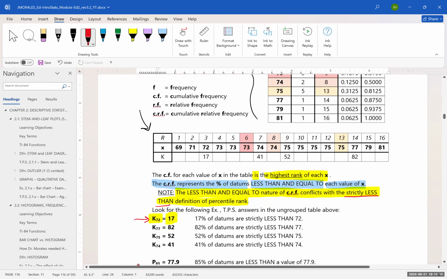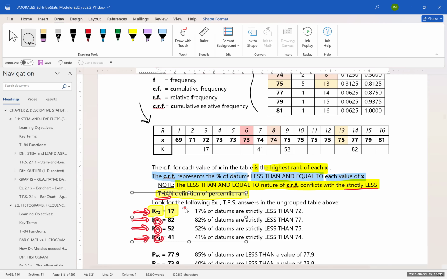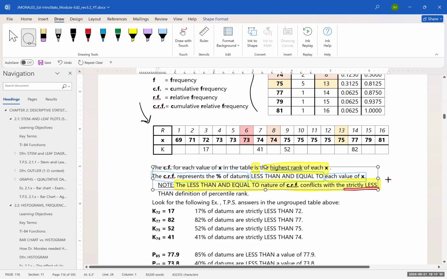And you can mostly see that pattern repeated for each one of these other percentile ranks that we calculated for 77, 75, and 74. You can look this up on the table to verify that for yourself.